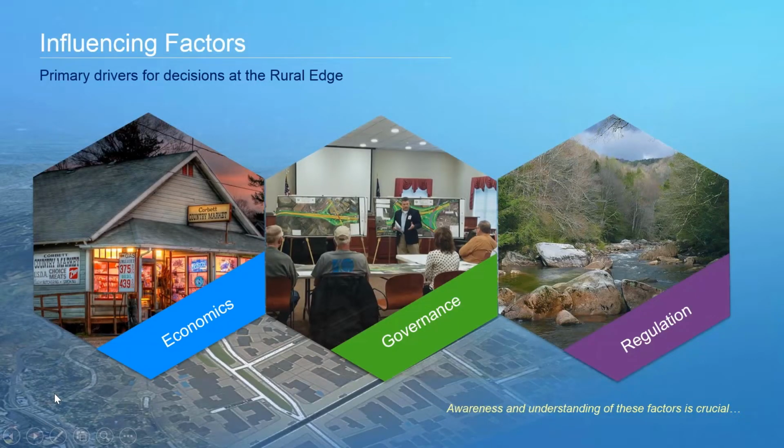So there are many influencing factors when it comes to the rural edge. We find that they fall into three categories: economics, government, and regulation. It's also important to understand that imagery supports the informed decisions that are required to address the issues found in these three influencing drivers.